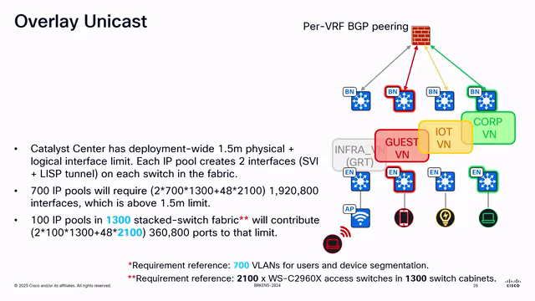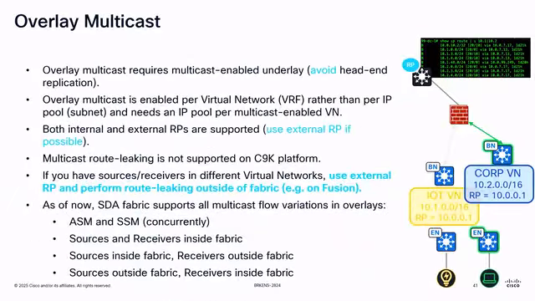If we shrink the number of subnets, make them bigger, so for example, we go from 700 to 100 subnets, suddenly the math checks out. So we have 100 subnets times 2 times 1,300 logical switches, plus switch ports. Now we are at 360,000 interfaces, way below the 1.5 million limit. Make sense? Cool.